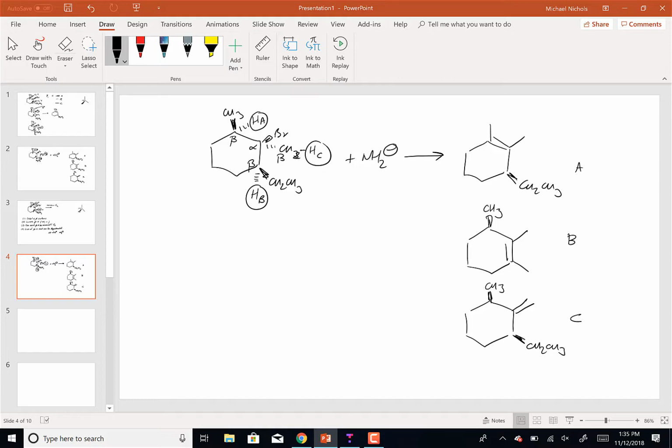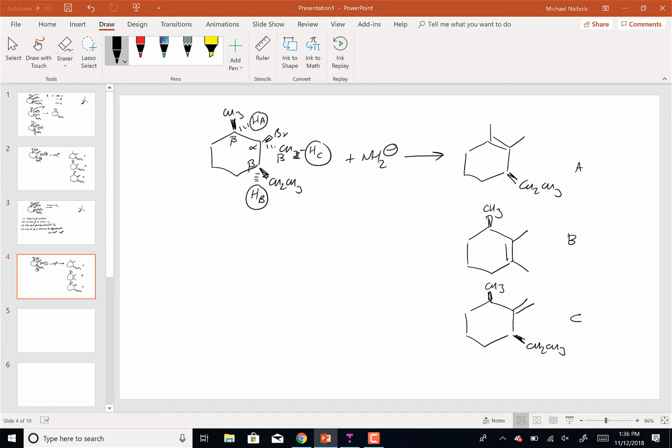So it doesn't matter whether the beta hydrogens are axial or not? Well, okay, so what would happen in this case is the bromine would have to be axial. And what we would do is a ring flip to get each one of those 2 hydrogens to be axial to then be deprotonated. So that's why we don't have to draw the chairs out.